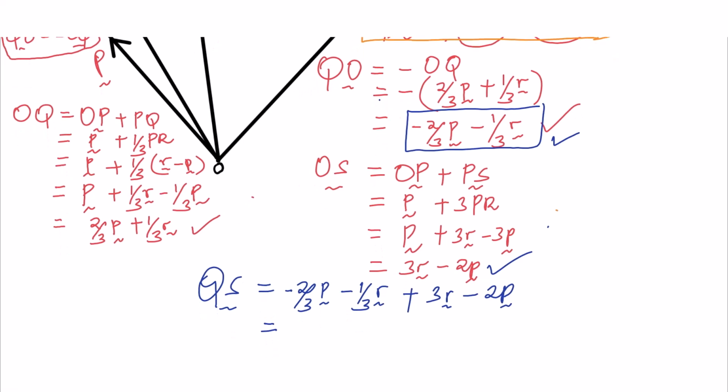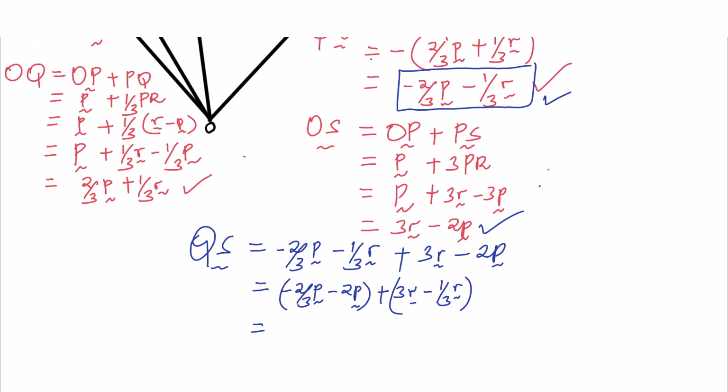I'm going to begin by regrouping them like this: negative 2/3 p, then minus 2p, and then plus 3r minus 1/3 r.